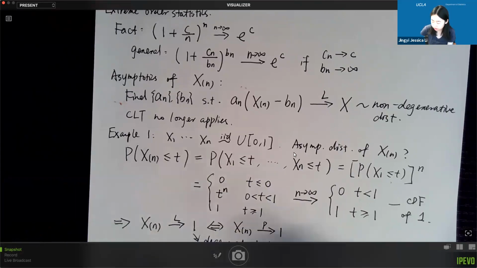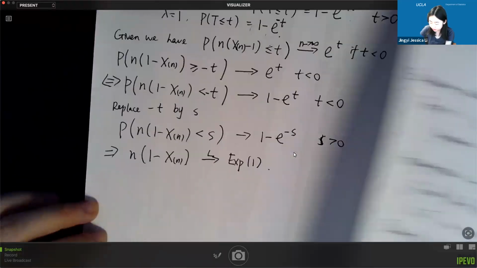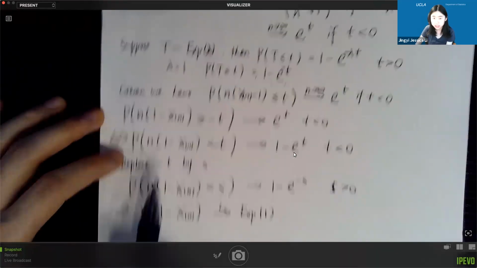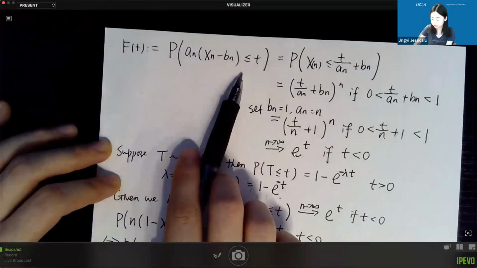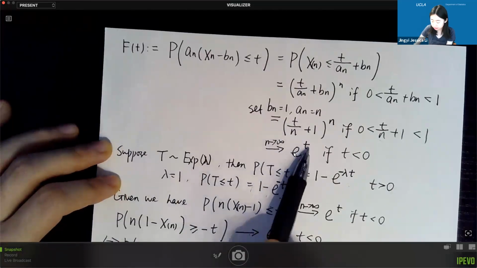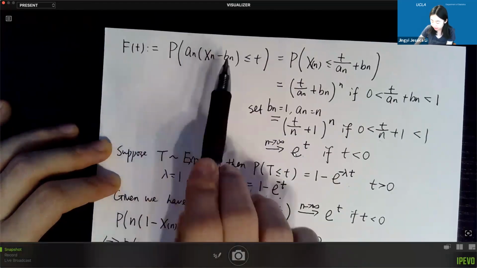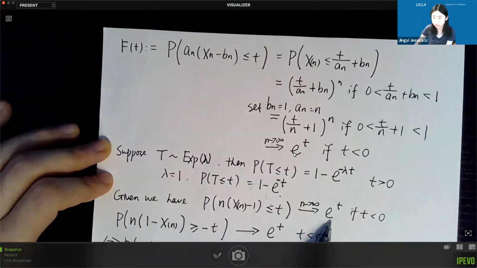Okay, so the important result from last lecture is that we found that by setting an equals n, bn equals 1, the limiting distribution of n times xn minus 1, the CDF of that, converges to exponential of t, with t being negative.